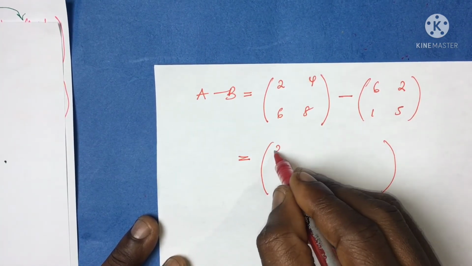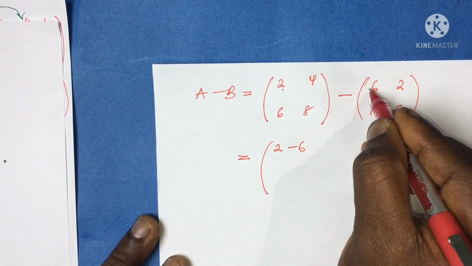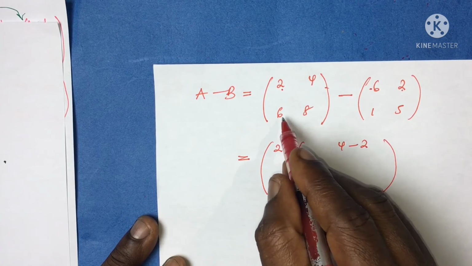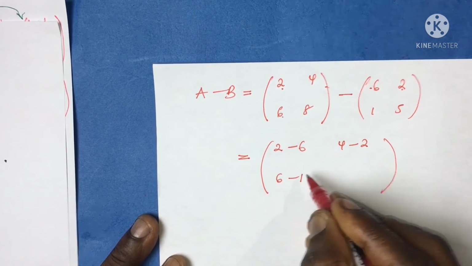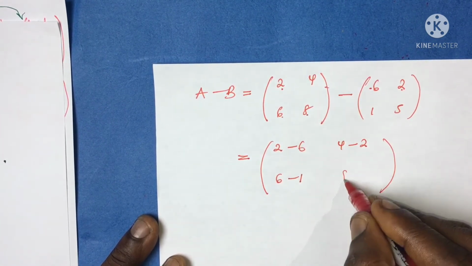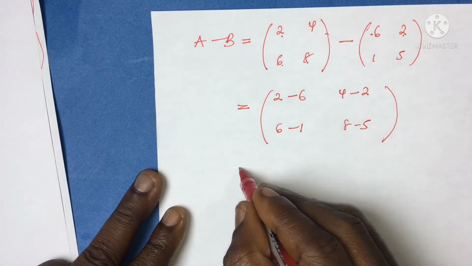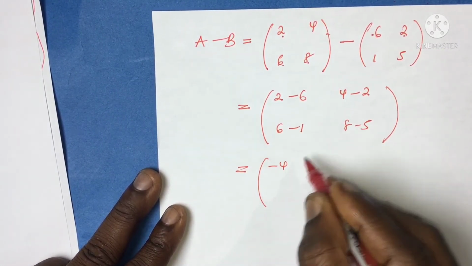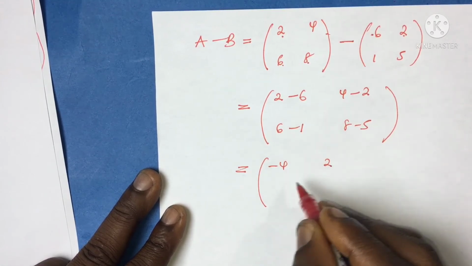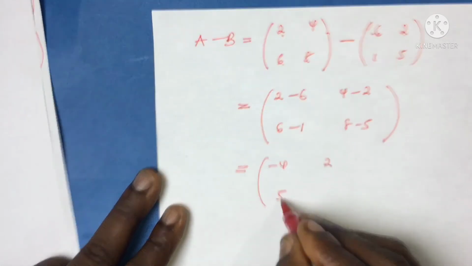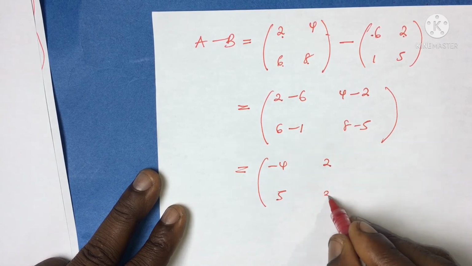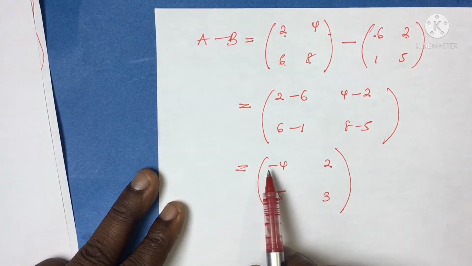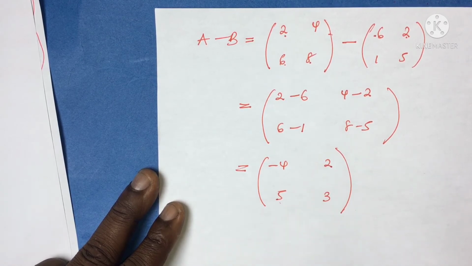This will be 2 minus 6, similar position. 4 minus 2, similar position. 6 minus 1, and then 8 minus 5. Okay, and the result becomes 2 minus 6 is minus 4, 4 minus 2 is 2, 6 minus 1 is 5, 8 minus 5 is 3. So the result we obtain for A minus B would be minus 4, 2, 5, and 3.